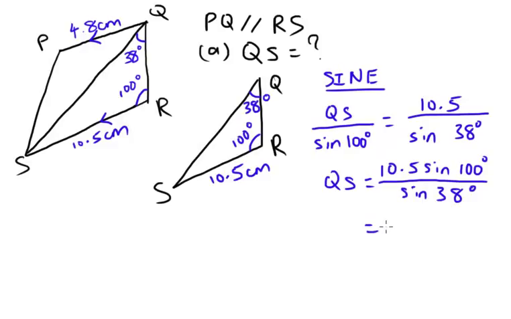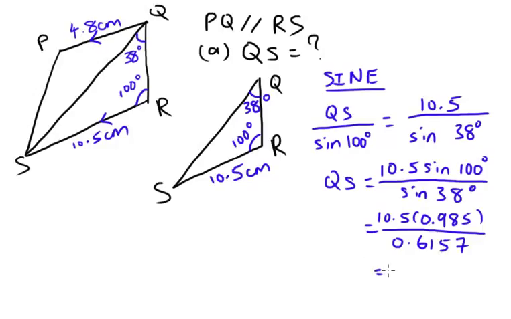You can go to your calculator. Sine 100, you get the value as 0.985, over sine 38, which is 0.6157.